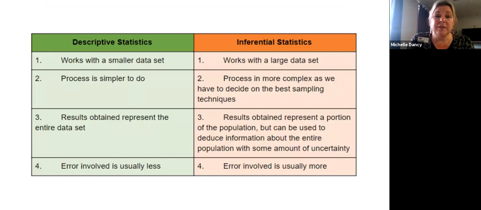So descriptive: smaller data set, simpler to do, results obtained represent the entire set. There's usually less error. Inferential statistics we normally use when there's a large data set. Because think about it.